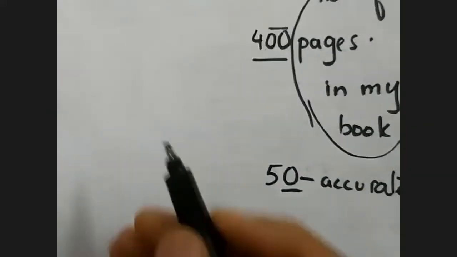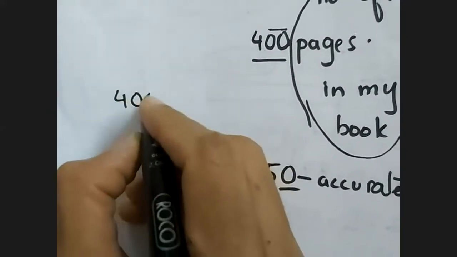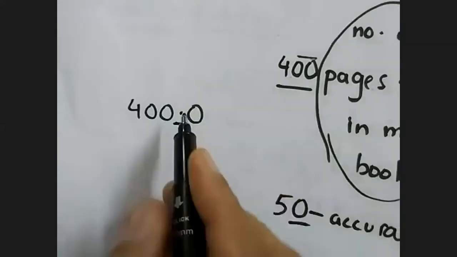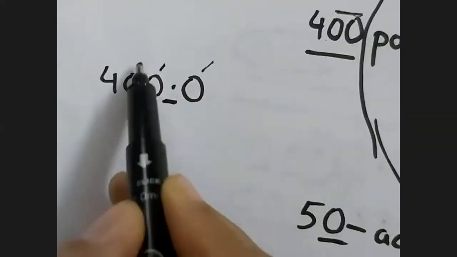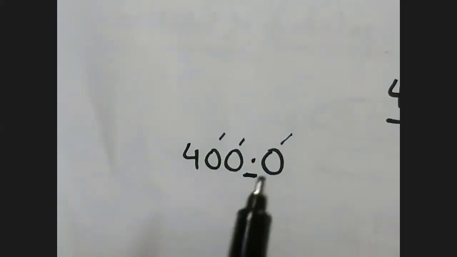Another thing. If, for example, I have the decimal 400.0, this decimal is telling me that I am pretty sure about these zeros. This is not an estimate.